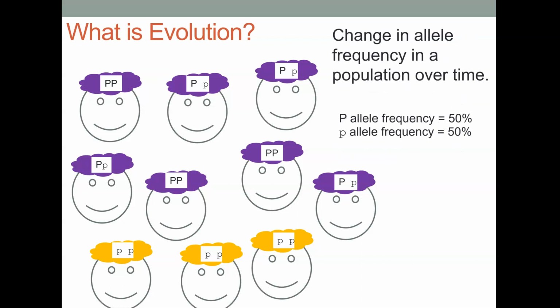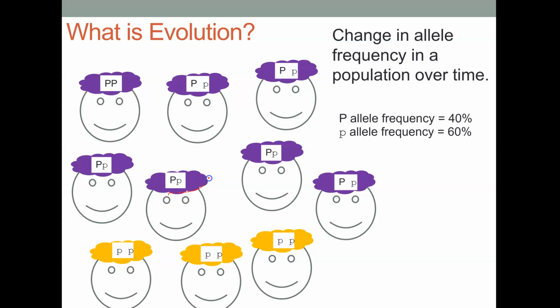So if that allele frequency changes, so here we have 50-50, right? The capital P to lowercase p ratio is 50 to 50, 50% to 50%. But now we're going to change it. Notice these two. Where are they? Right here, right? These two guys right here. Their allele is going to change.